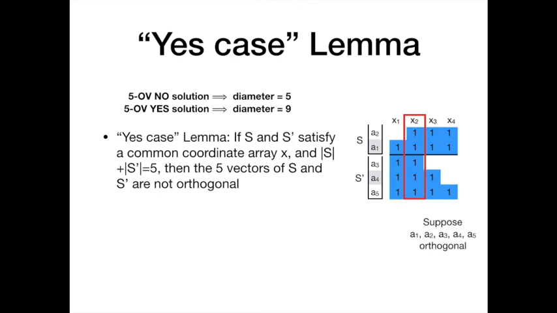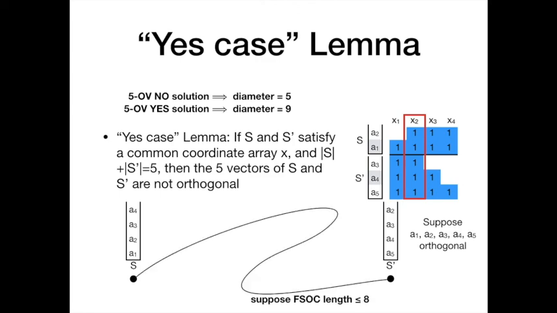Well, it helps us in the yes case where we assume that OV has a solution, so 5 vectors that are orthogonal, and we show that there are 2 vertices that are distance at least 9. The 2 vertices each have 1 stack, one of them has A1 to A4, the other one has A5 down to A2. We assume, for the sake of contradiction, that there's a short path of length at most 8 between them.